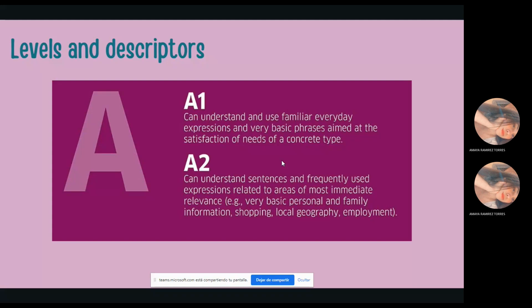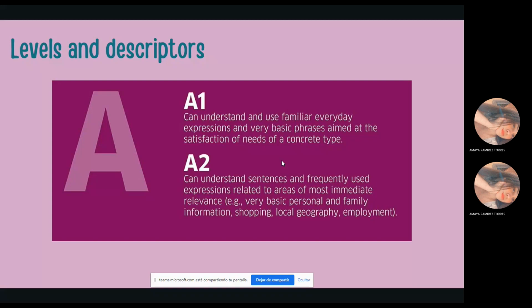So we have levels and descriptors. The first levels that we have are the basic A. So we have A1. In this one, students can understand and use familiar everyday vocabulary, also expressions and very basic phrases aimed at the satisfaction of needs of a concrete type. This level is the most basic one we have. Then we have the A2.